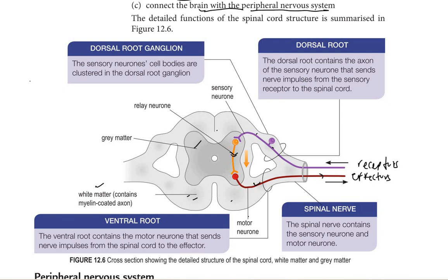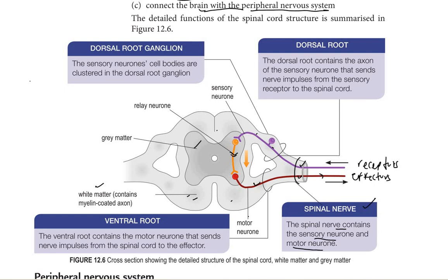Okay, so let us take a look one by one at the structures here. So we have the spinal nerve. I already showed you the spinal nerve before. The spinal nerve contains the sensory neuron and motor neuron. So inside this spinal nerve, you can see these two types of neurons, sensory and also motor neuron.